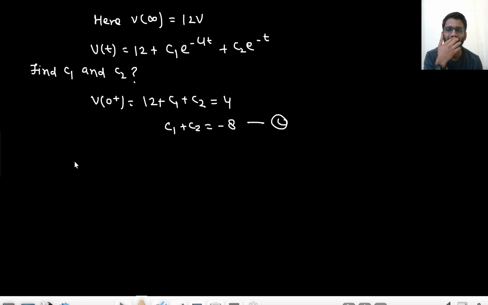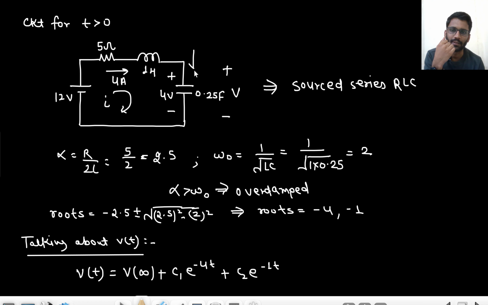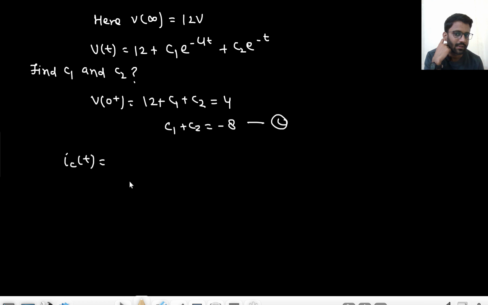Second thing, you can differentiate. One thing you know is IC(t). IC(t) would be equal to C dVt by dt.